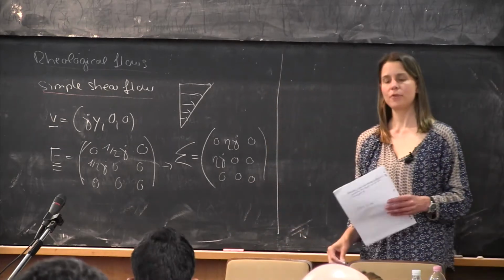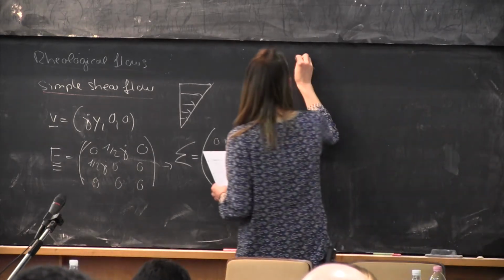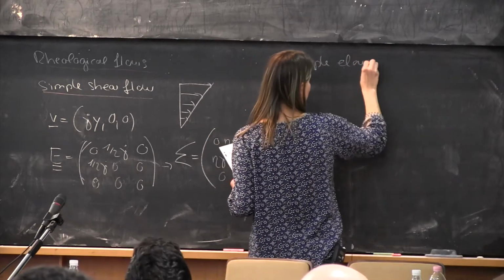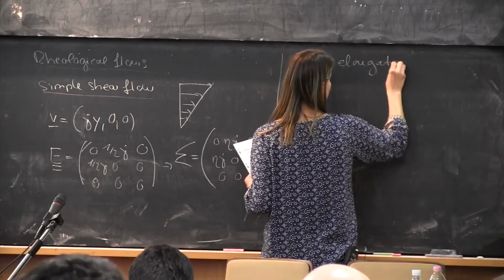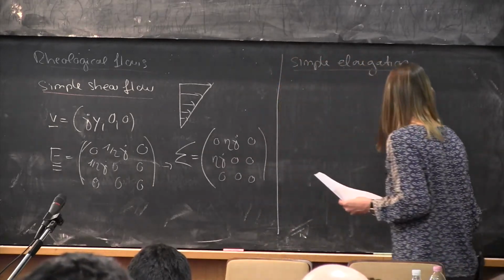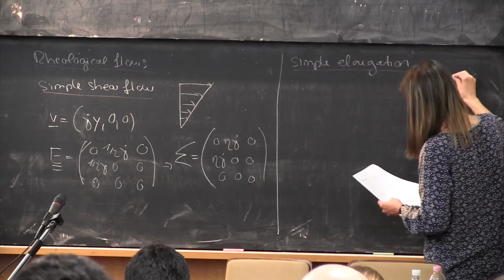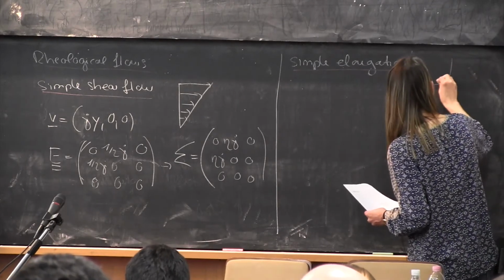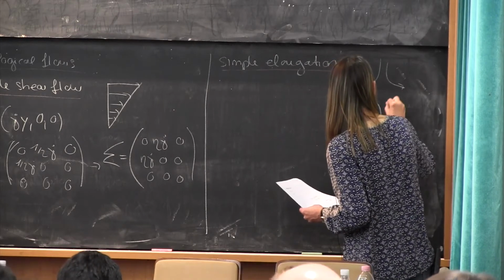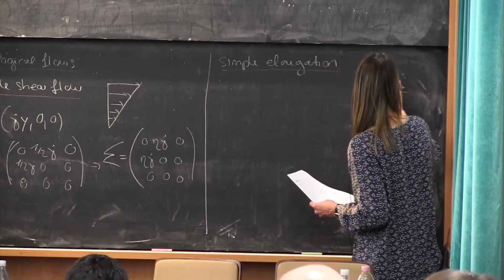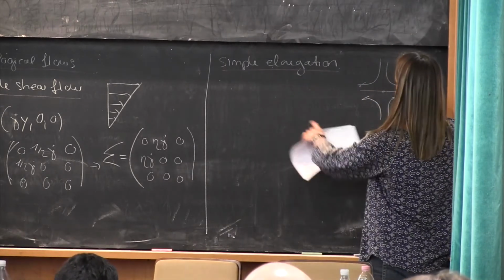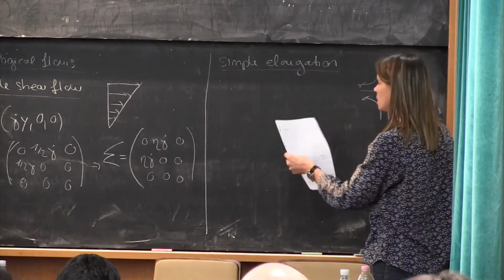So the second type of very simple flow is simple elongation. The example that we have seen in the previous talks was the stagnation point flow, where fluid comes from above and goes out on the side, so it's compressed here and it's stretched here.